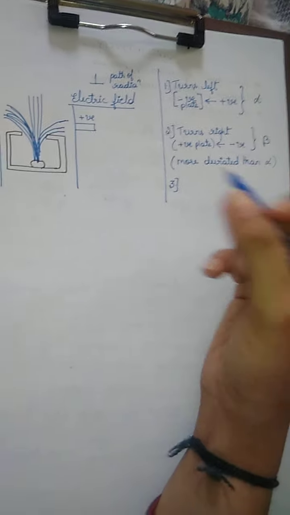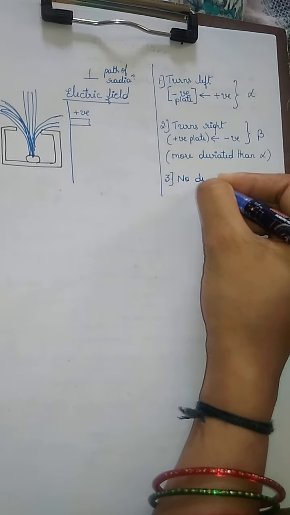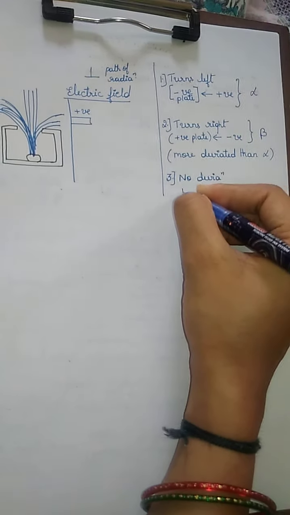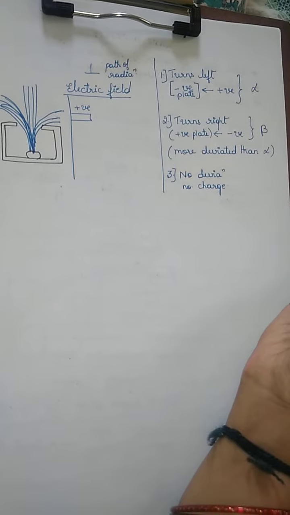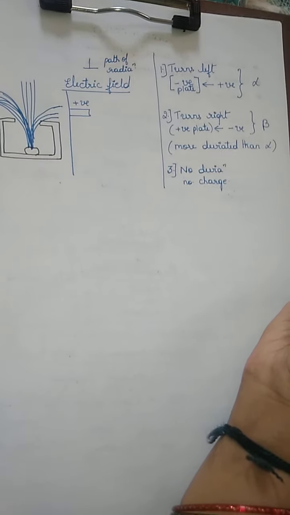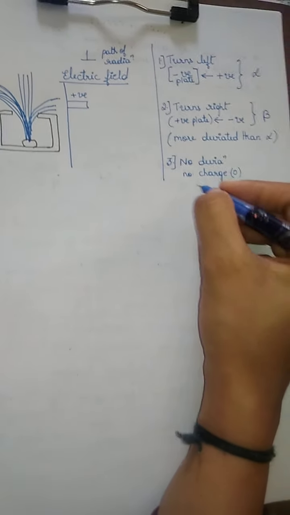And the third one, you can see it went straight. That means no deviation, that means no charge. It is not attracted to positive or negative charge, so it was not carrying any charge. It had zero charge.